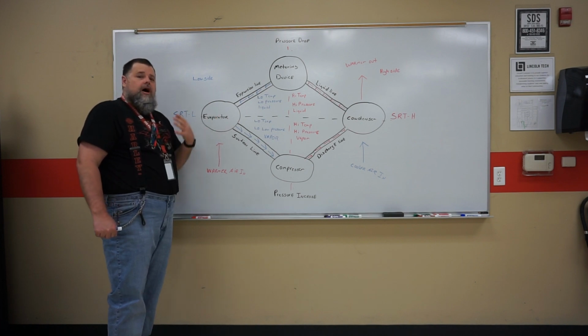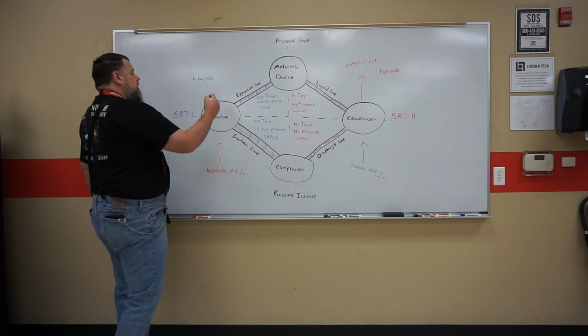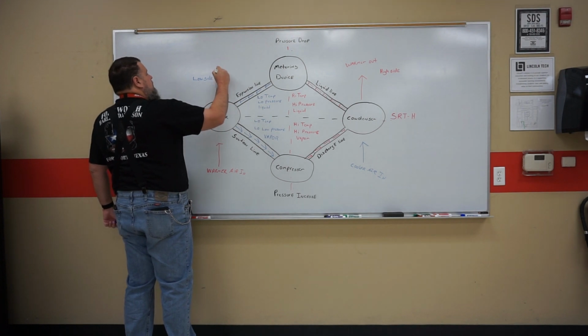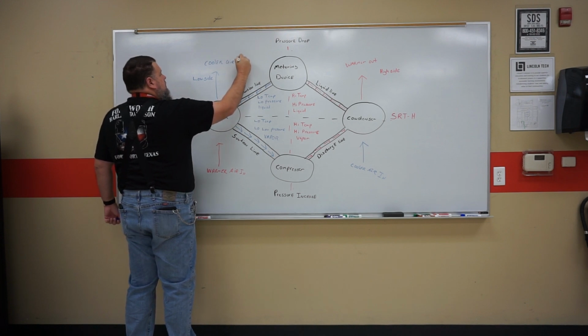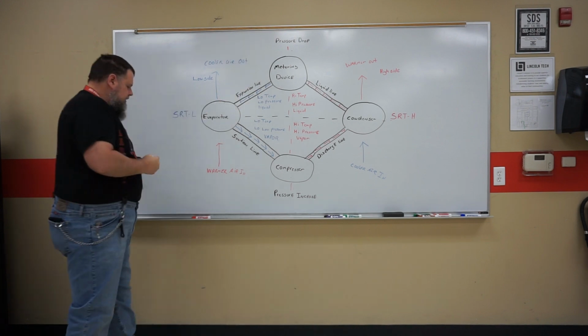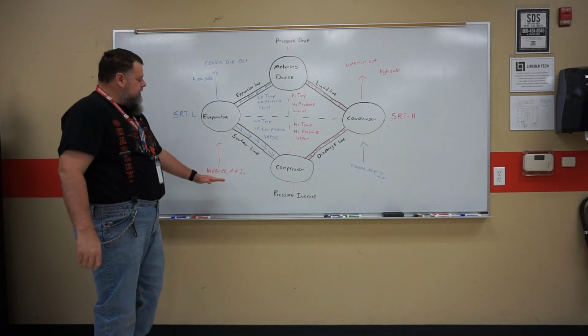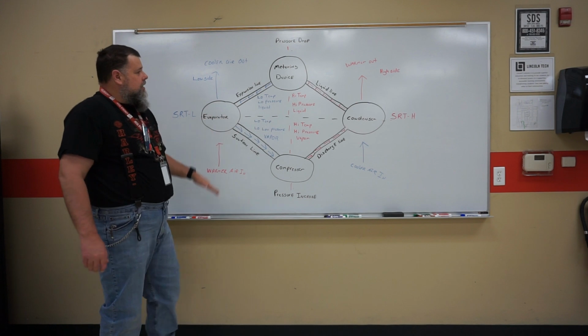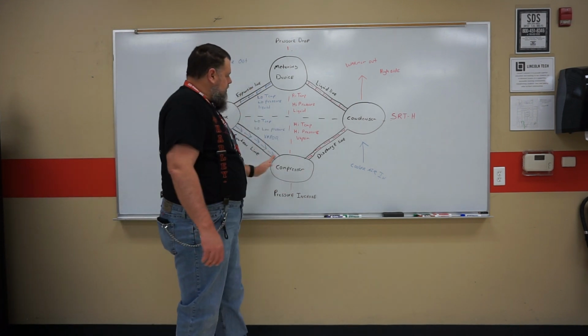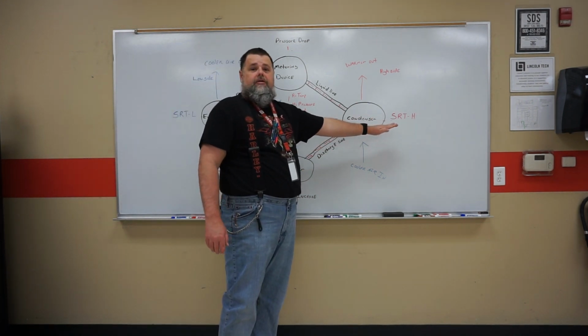It always goes hot to cold. And you're going to have cooler air coming out. So the heat that you feel inside your house gets picked up in the evaporator, goes through the cycle, and gets rejected out here at your condenser.